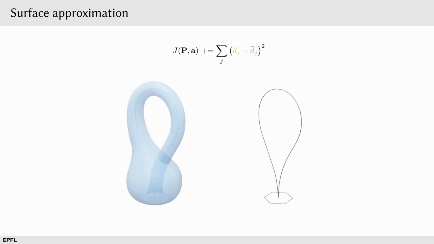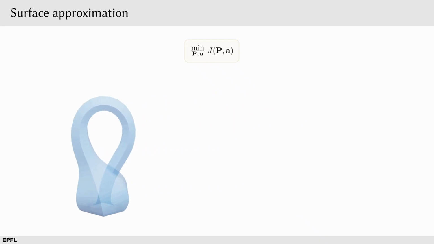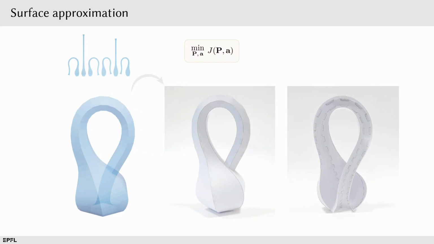Here we then concurrently optimize the plane normals P and the apex locating function A to obtain a piecewise developable approximation of the original smooth surface. To validate the results, we then built a physical model out of paper strips that confirms that the geometry of the strips effectively encodes the final shape of the coordinate.